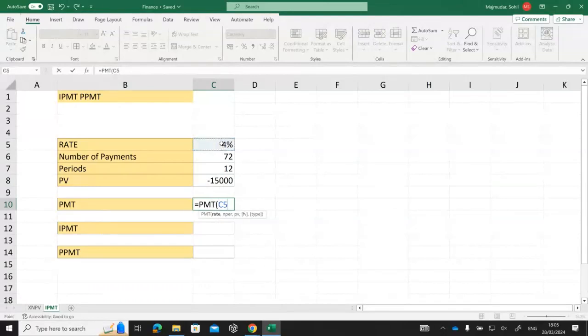And remember, the rate here is per annum, so you have to divide that by 12. Then put a comma.